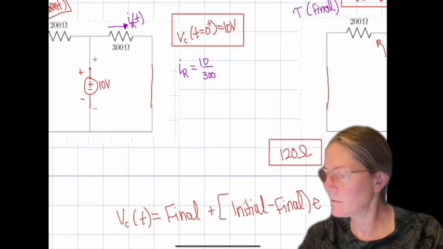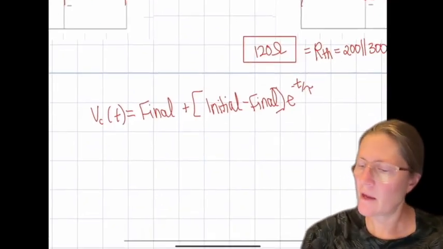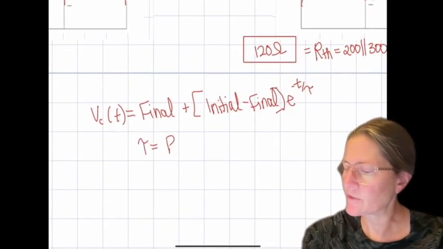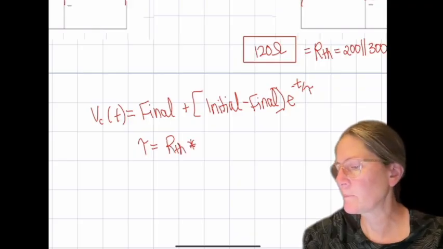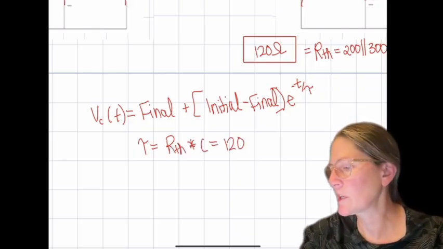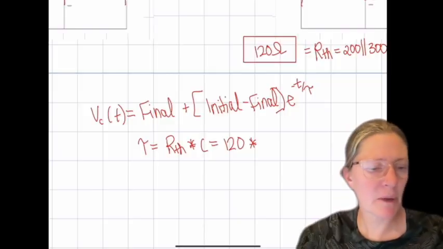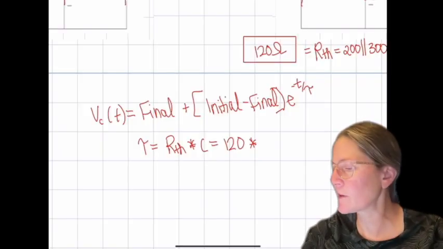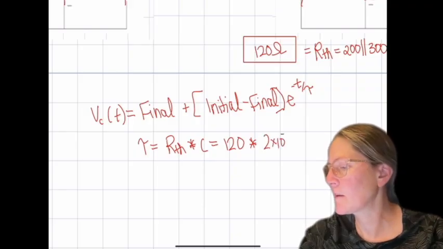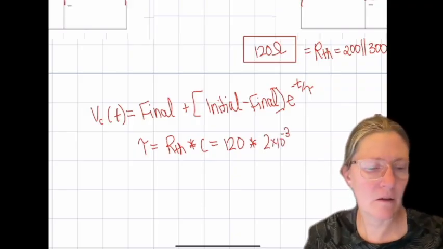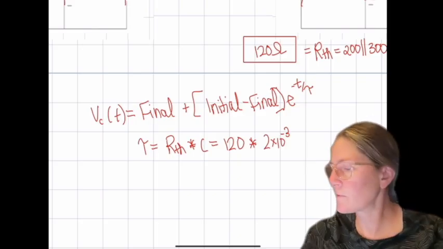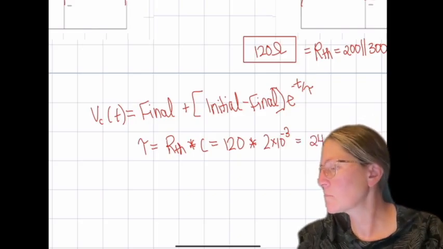E to the minus t over tau, and I didn't quite complete tau, is RTH times C, so it's 120 times the capacitor value, which was 2 millifarad, which gives me 240 milliseconds.